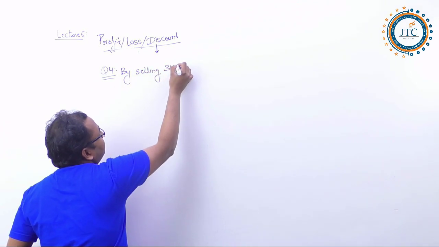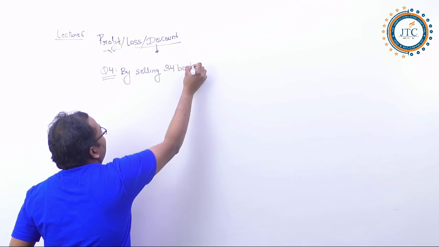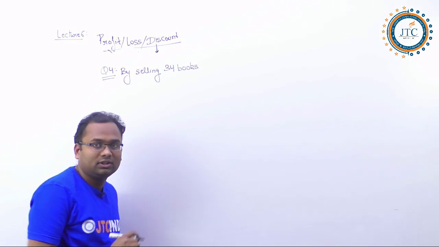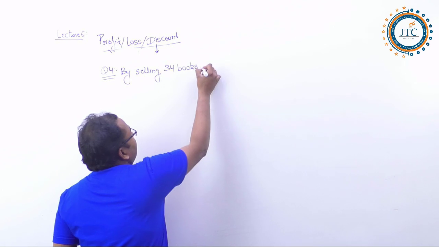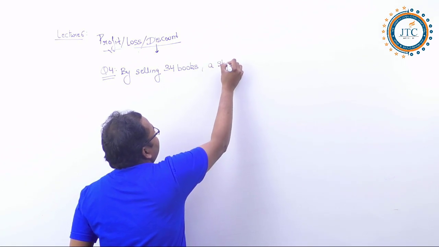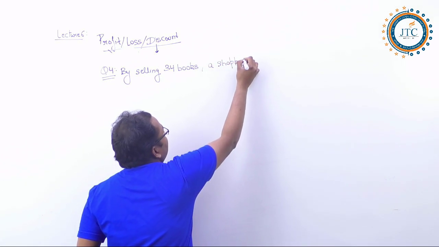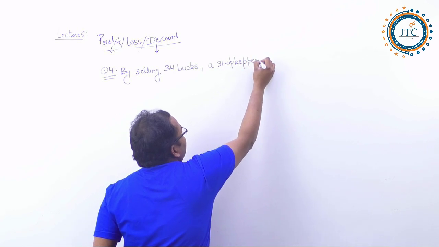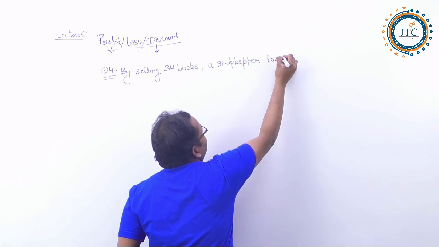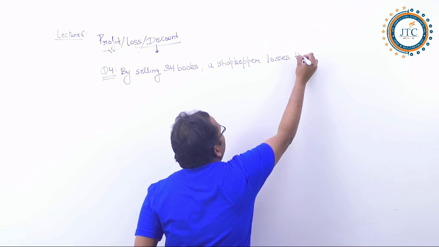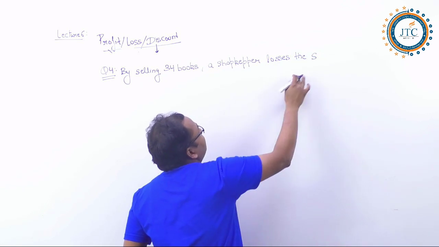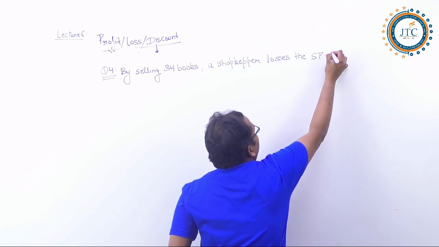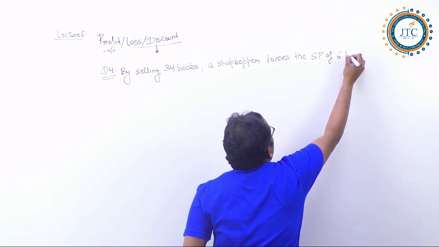By selling 34 books, a shopkeeper loses the selling price of 6 books. By selling 34 books, a shopkeeper loses the selling price of 6 books.